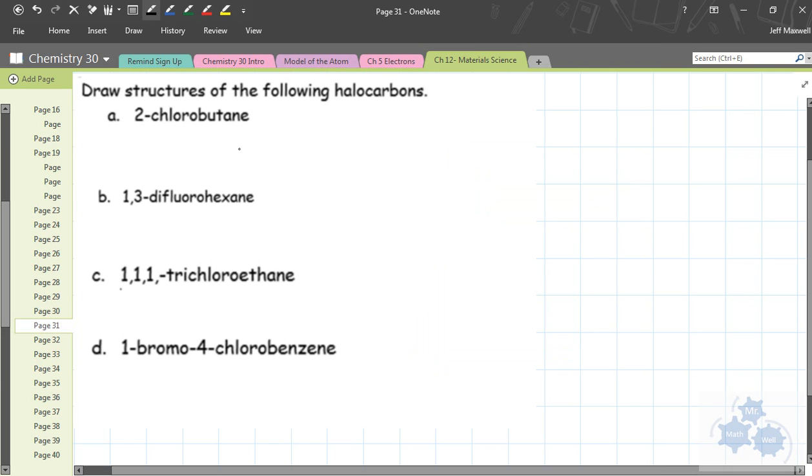So 2-chlorobutane, how many carbons are in butane? 4. So meth, eth, propane, butane. So let's put a carbon chain of 4 here. Definitely single bonds, it's ane, but, 4 carbons, and it's a chain. It's not cyclo, right?